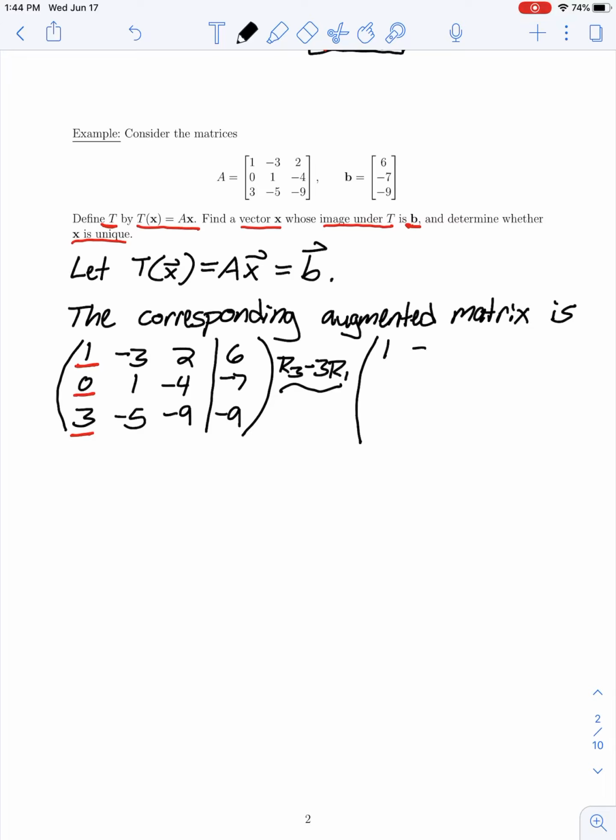So our first row remains 1, negative 3, 2, 6. Our second row is 0, 1, negative 4, negative 7, and our third row becomes, we have negative 3 plus 3 is 0, positive 9 minus 5 is 4, and then a negative 6 minus 9 gives us negative 15, and on the right-hand side, performing the same operation, we would have negative 18 minus 9 is negative 27.